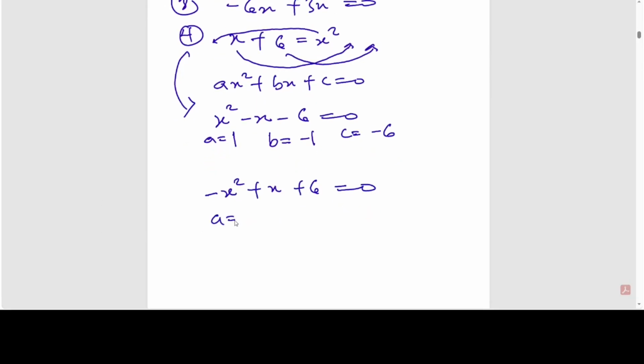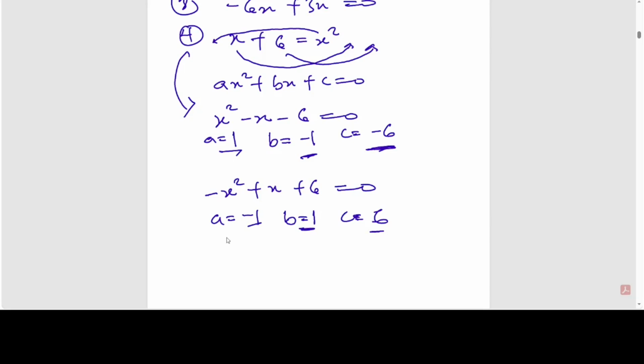A is the coefficient of x squared, which is negative 1. B is the coefficient of x, which is 1. And c is 6. So you see the difference over here. The values that were negative here, negative 6 and negative 1, they become positive here. And over here was positive 1, it becomes negative here. There is absolutely nothing wrong with that.